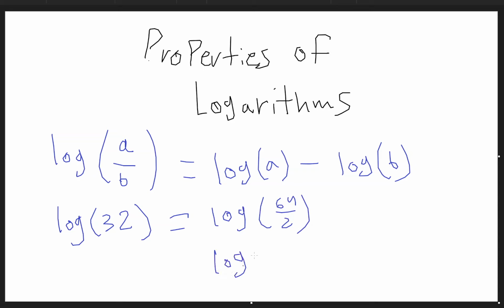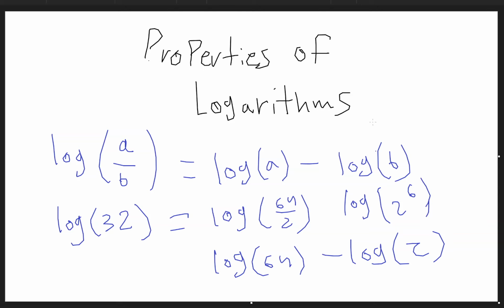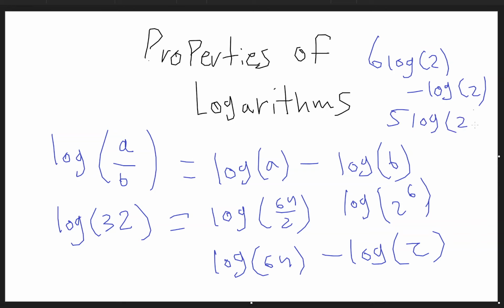And that's the same as log of 64 minus log of 2. So there are many ways to go about simplifying this. And then log of 64 is the same as 2 to the power of 6. So then we get 6 log 2 minus log 2, and you can get 5 log 2 or log 32.